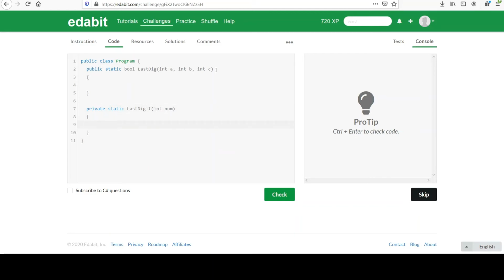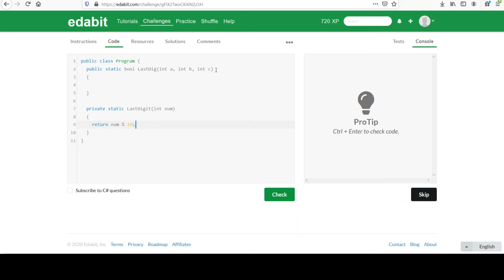To do this, if you remember from a previous challenge, we had to pull the last digit out of a number as we were working with it. We did that for large numbers and kept taking the end off, and we used the modulo operator. So we can say return num modulo 10, right? And that will strip the last digit.